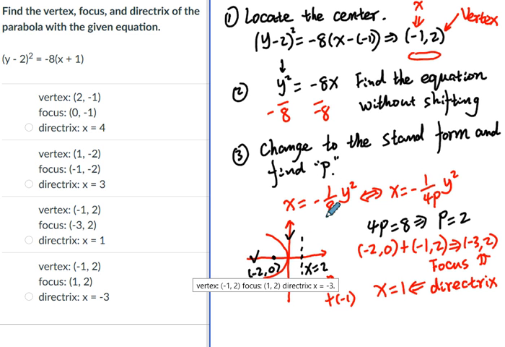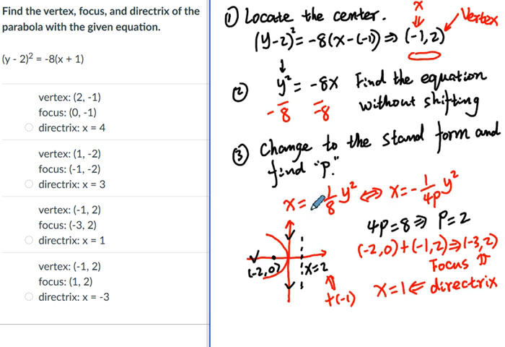Comparing this standard form with the 1 over 4p standard form we are given, we can compare those two and find p. Because the denominator is 8, 4 times p has to be 8.